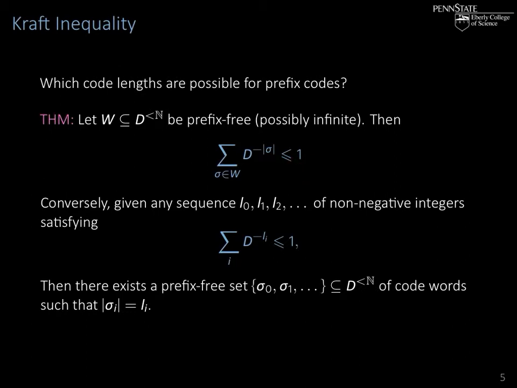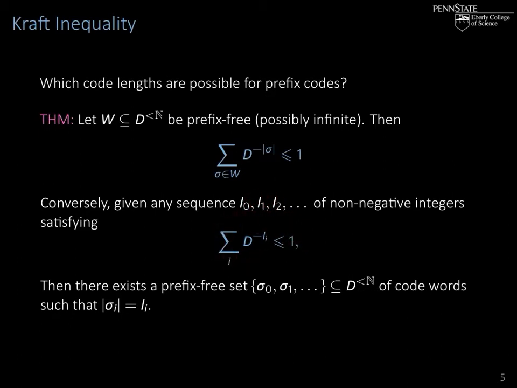That's one restriction. On the other hand, conversely, if we have a sequence L0, L1, L2 of non-negative integers that satisfies this, right? So think of those as intended lengths for code words.